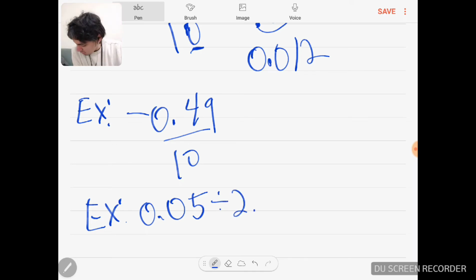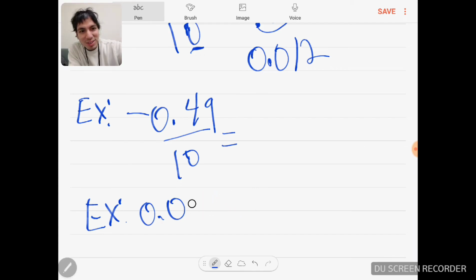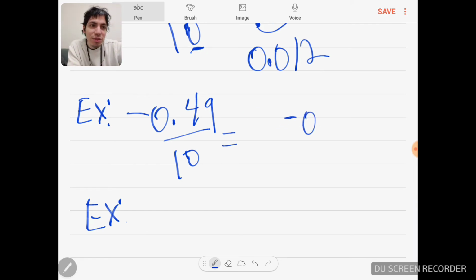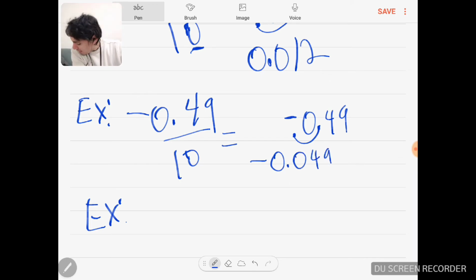Actually, the second example is not a good example, I just realized that. We'll come back to the second one. Knowing this is the power of 10, this is going to be negative 0.49. I move the decimal point over by 1. I get negative 0.049 as my answer.